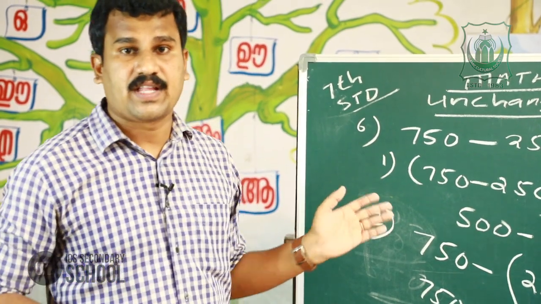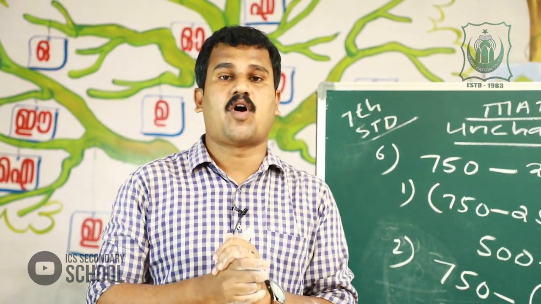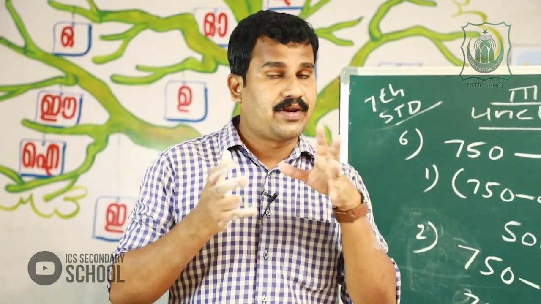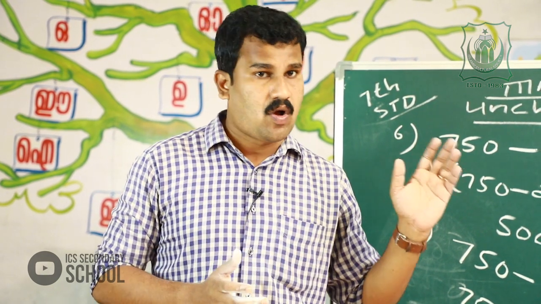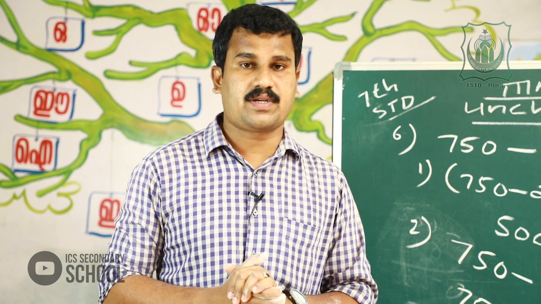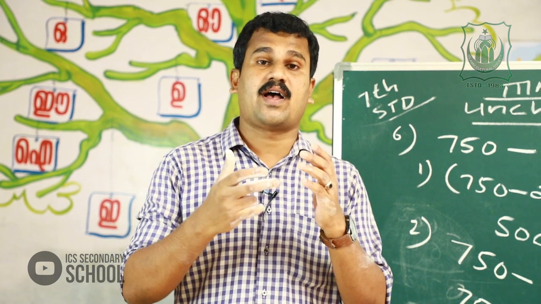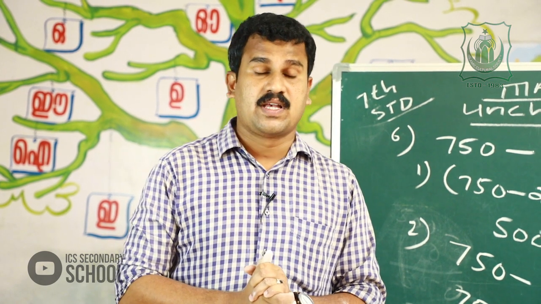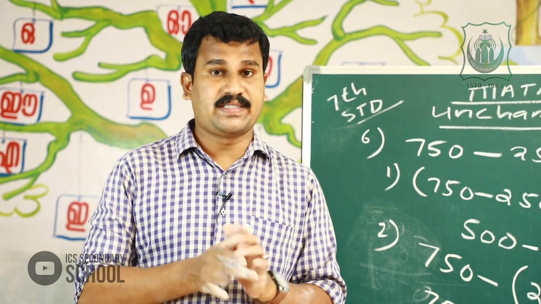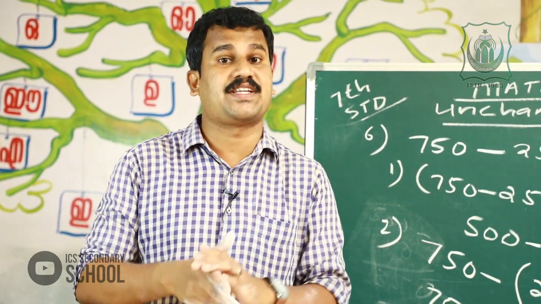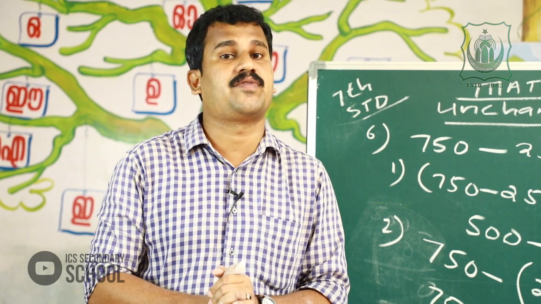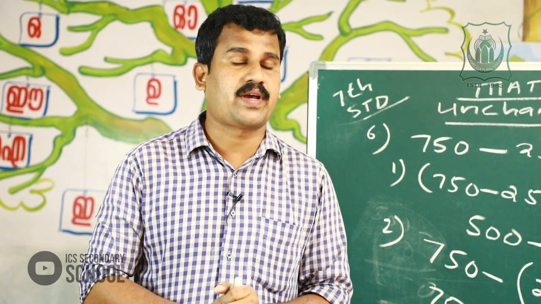Then we can write the algebraic form of the addition method and the algebraic form of the subtraction method. Got it? Okay. Next class we will discuss mixed problems, that is addition and subtraction together. Okay, thank you.